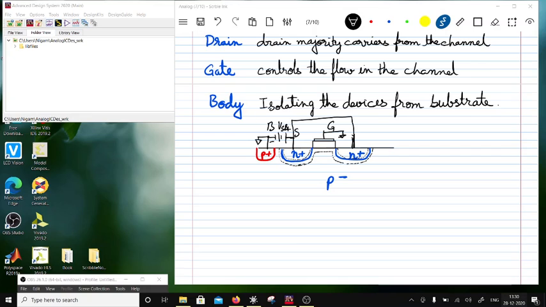Now in this scenario, what I do is I apply a certain gate voltage with respect to source, right? So this I will call VGS, plus minus. When I do that, what's going to happen is this is silicon dioxide. The gate is silicon dioxide, right? So it has got dipoles.